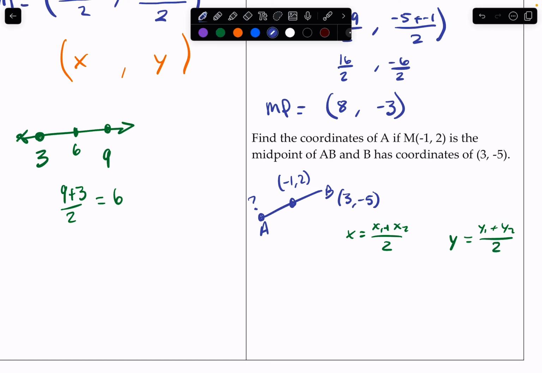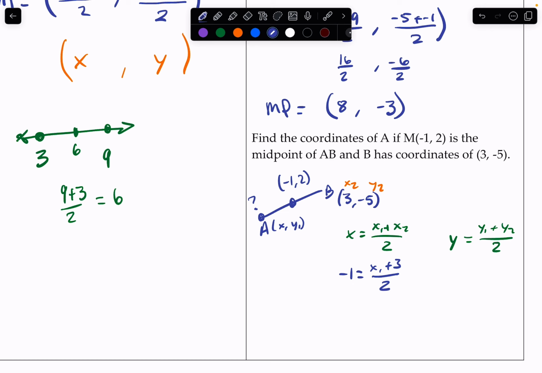We are missing others, right? We are looking for A, which we could call x1, y1. That is our unknown. So I do know that my midpoint has an x value of -1. I don't know what x1 is, but I know that x2 is 3. This is x2 and y2 over here. So I've got x1 plus 3, and if I divide that by 2, that should end up equaling -1.